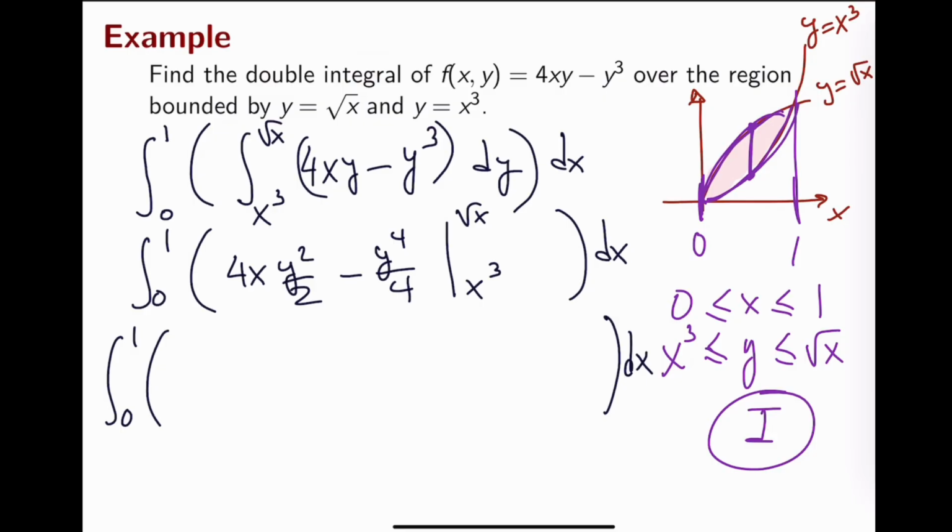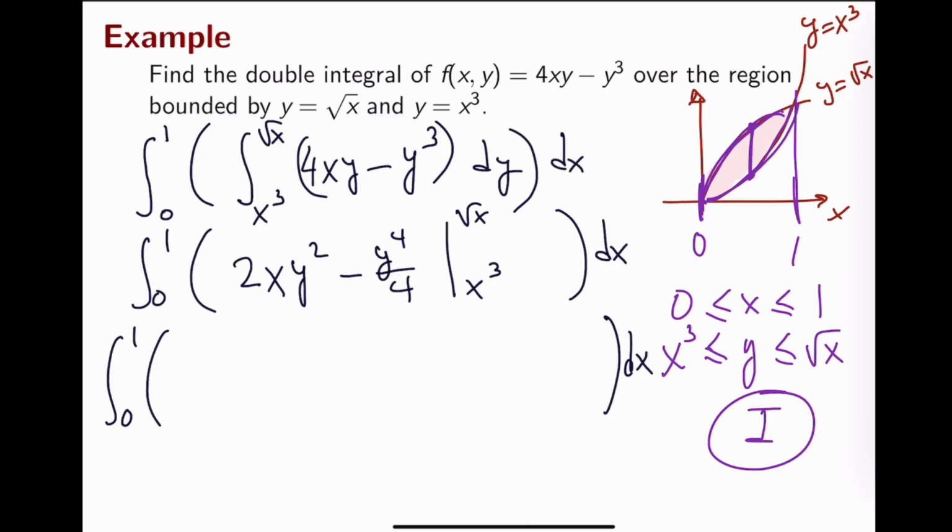And when you do the evaluation, remember that the variable was y. So we are going to be substituting only when there is a y there. So we can do a simplification here. 4 divided by 2, let's just put there. Okay, so now let's plug in square root of x everywhere where there was a y.